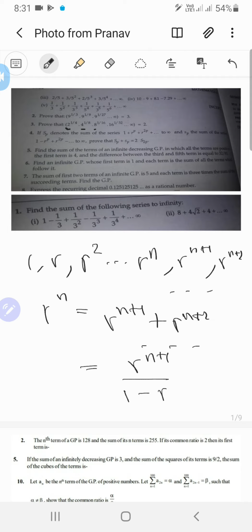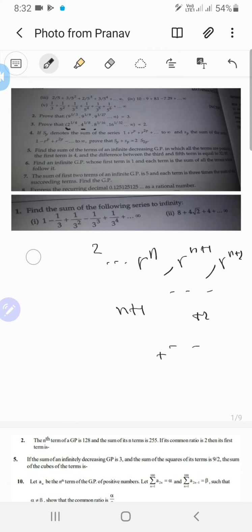Okay, so you have this thing, so you can cancel r to the n from both of them, so you just get 1 equals r upon 1 minus r. So you have 1 minus r equal to r, or in other words 2r equal to 1, so r equals half. So this only works when the ratio is going to be half.